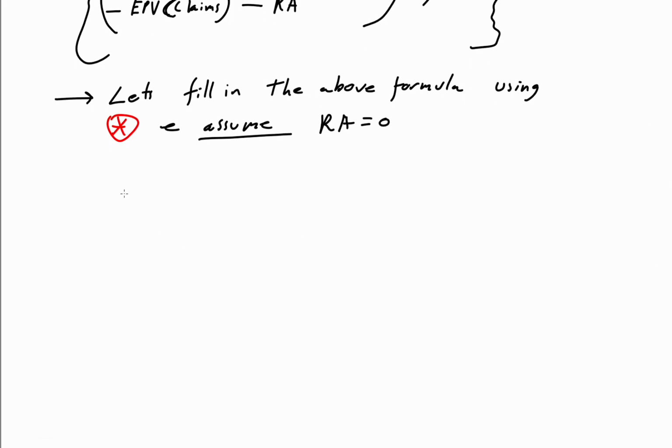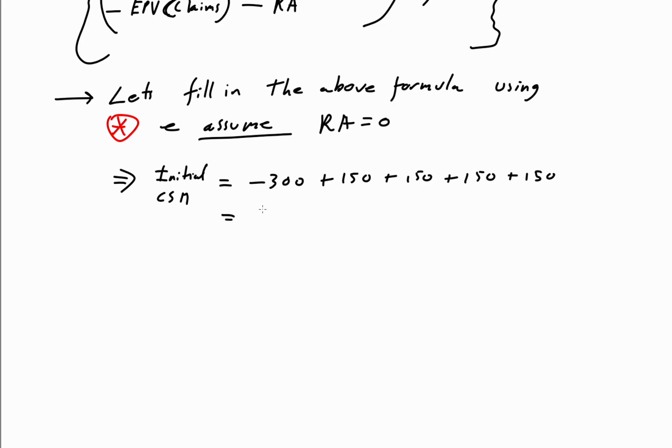So what does that give us? It gives us an initial CSM that's equal to minus 300 plus 150 plus 150 plus 150 and then plus one more 150.